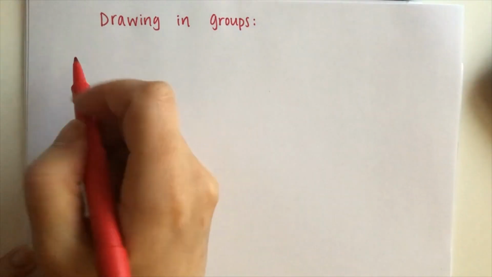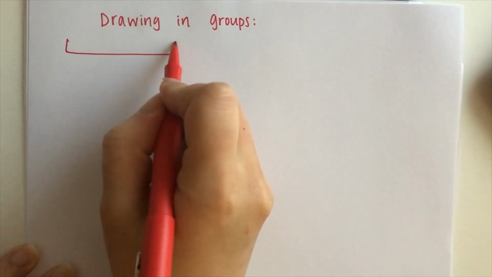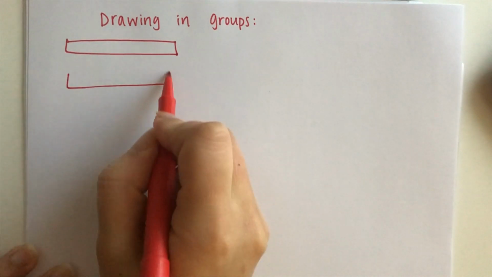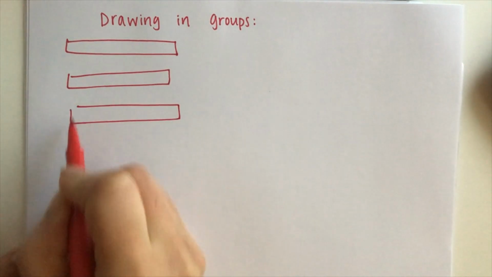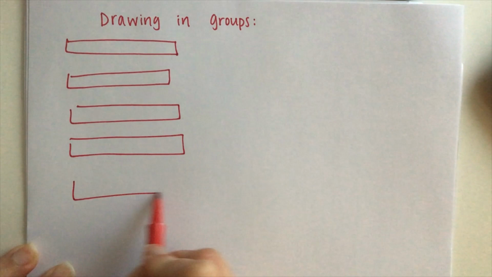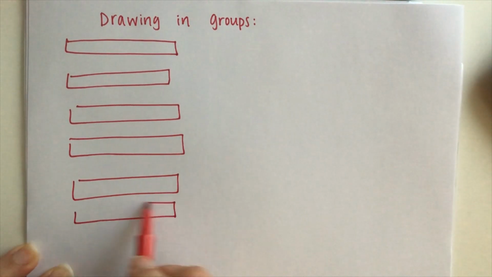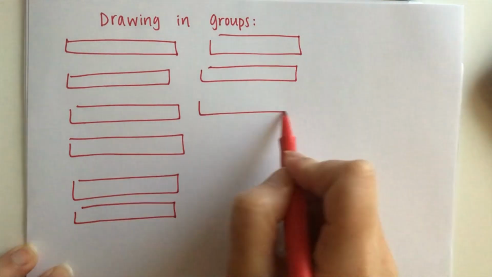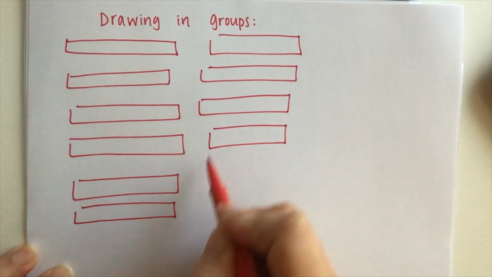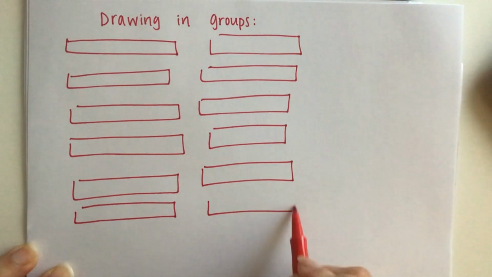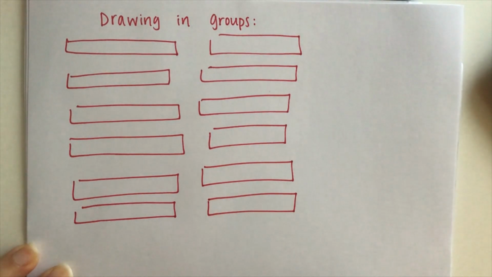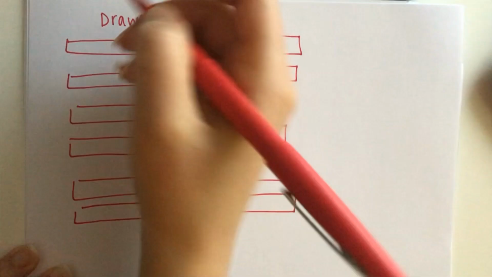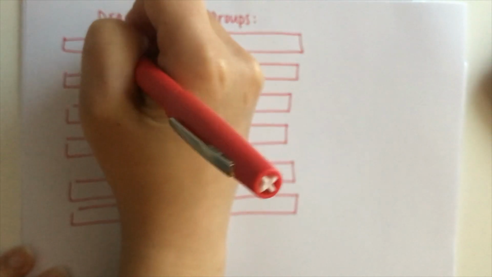But I already know it's not going to fit all the way on here. 1, 2, 3, 5, 6, 7, 8, 9, 10, 11, 12. So that's 12 rows of chairs, and in each row there's 6. So I'm going to do 1, 2, 3, 4, 5, 6.